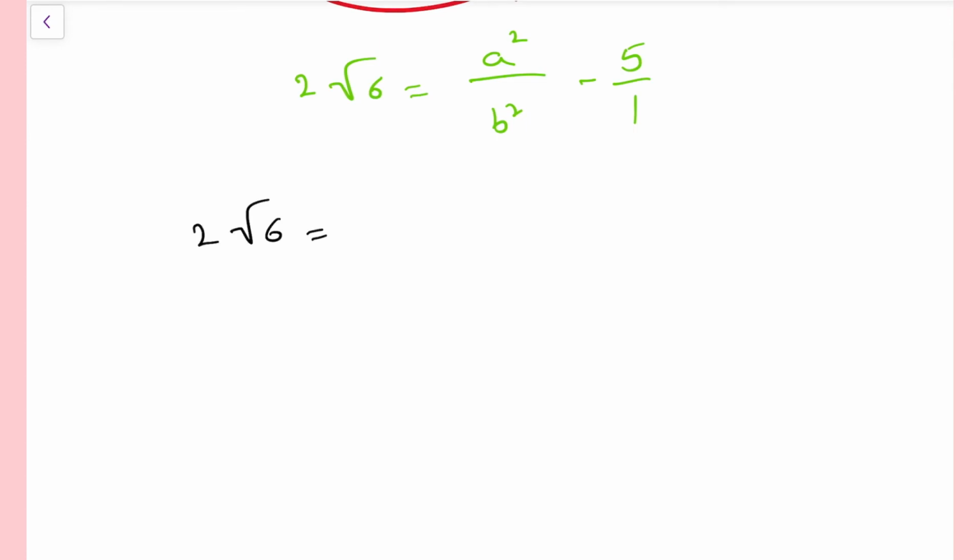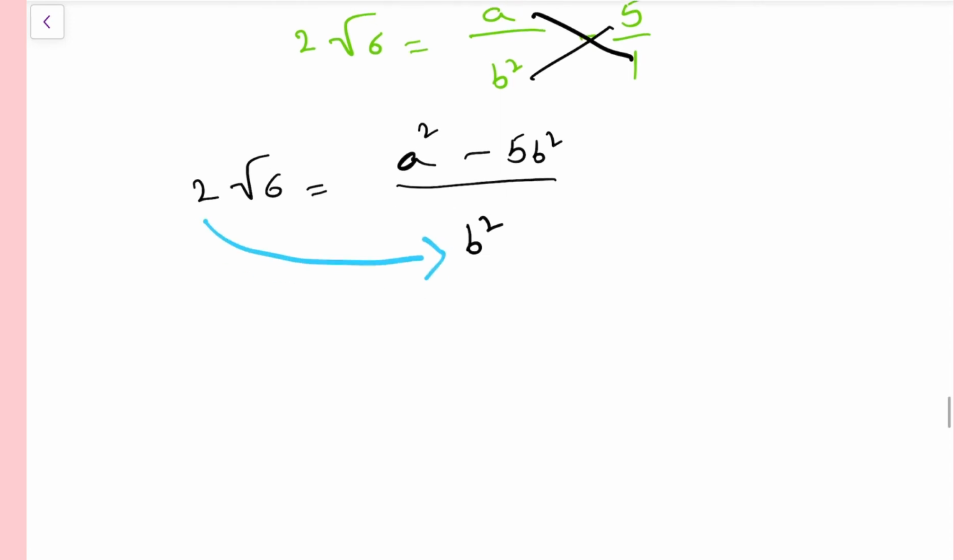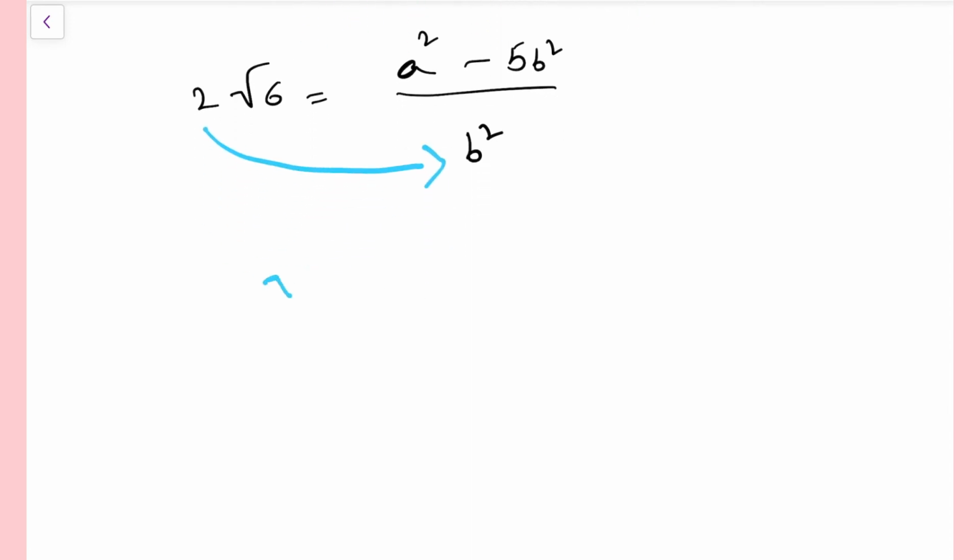Here both denominators are different, so I am going with the cross multiplication process. b square into 1 is b square, a square into 1 is a square, minus b square into 5 is 5b square. Next, this 2 also I will take to the right side. Root 6 equals a square minus 5b square divided by 2b square.